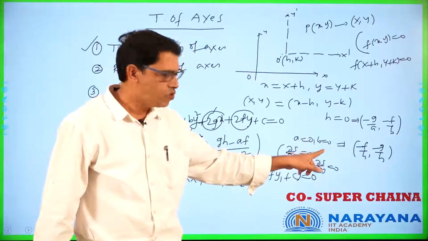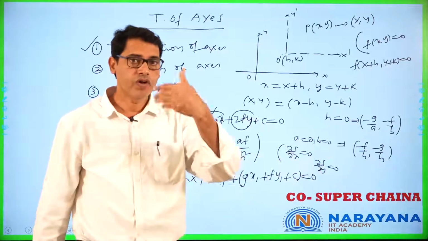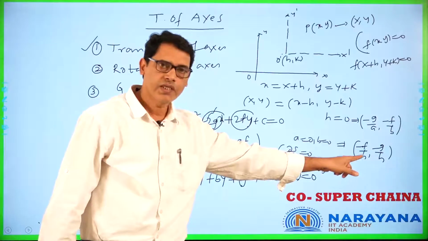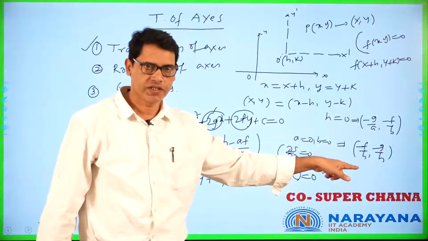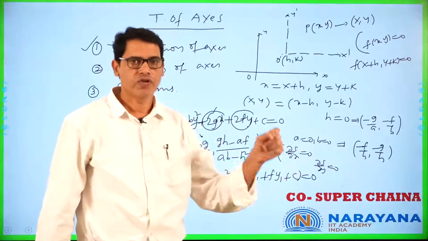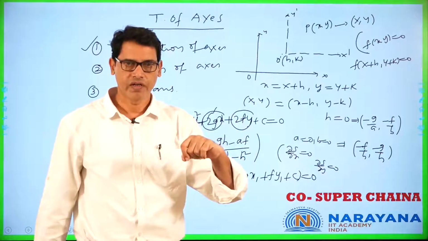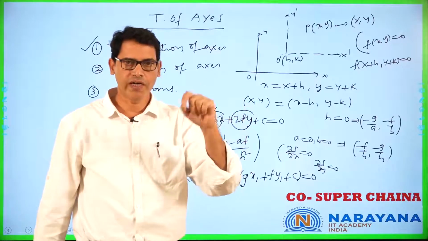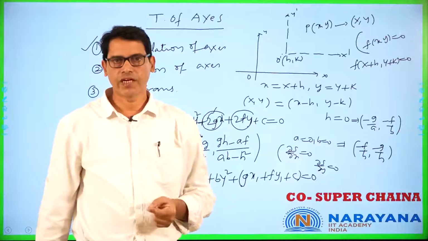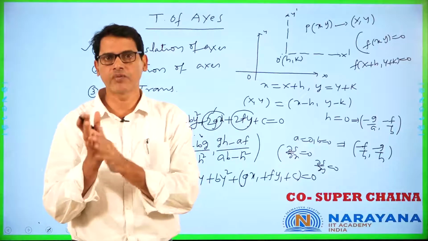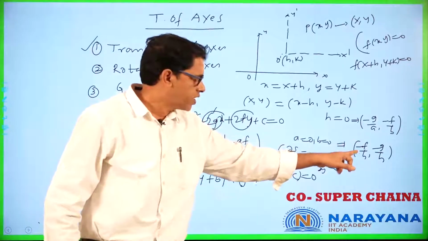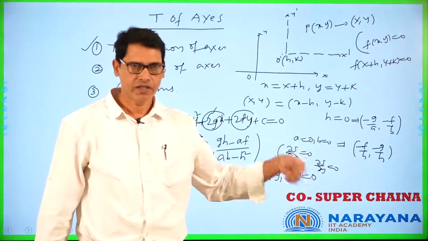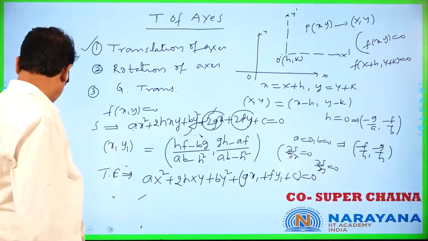If a is 0 and b is 0, then the translated point is minus f by h, minus g by h. In the given question the translated point is not given, but the transformed equation is given, so you should identify the translated point. It is minus f by h, minus g by h. Got the point?